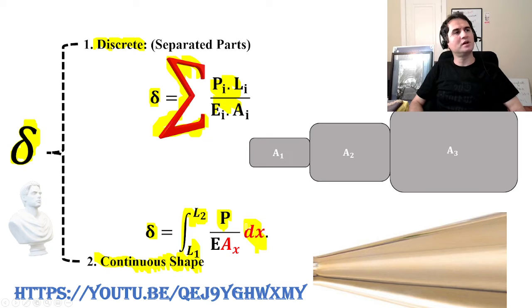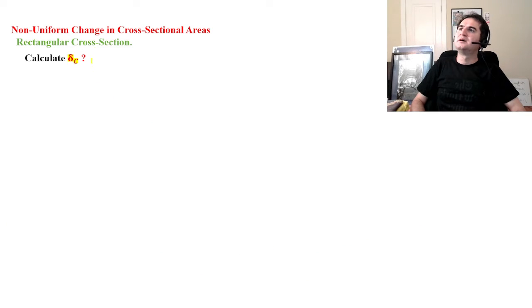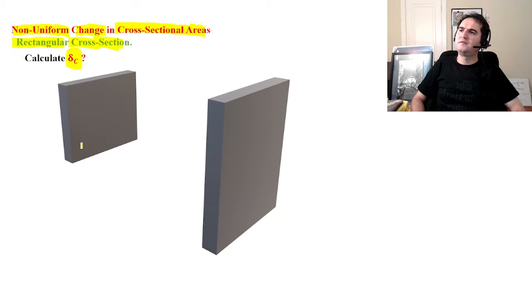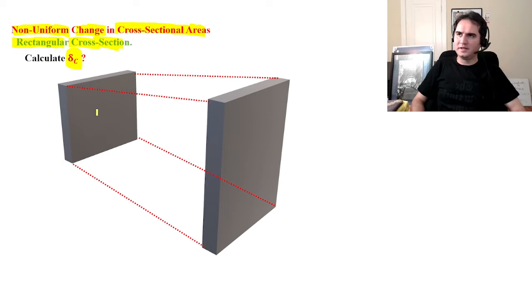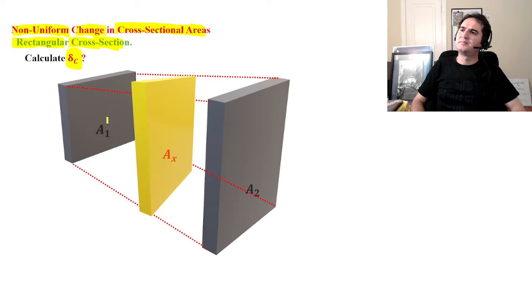So this time we have a non-uniform change in cross-sectional area, a rectangular cross section, and we want to know what is the delta at the free end. So again, we have rectangular cross sections at both ends, A1 and A sub 2.